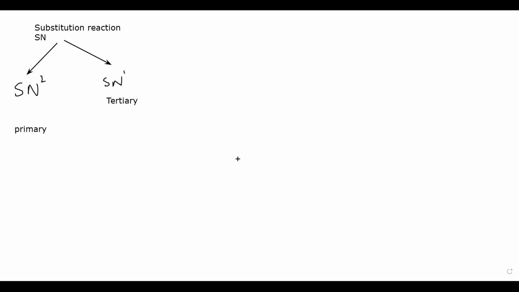What happens in SN2 or SN1 reactions? If you have a halogen alkane, it can be primary, secondary or tertiary. A primary halogen alkane means the carbon chain will be there, with the halogen denoted by X here.